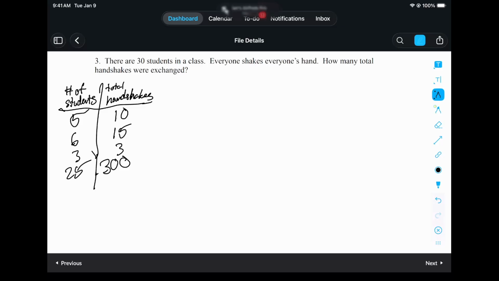I forget how to explain it, but the equation I have in my notes would be S times the quantity of S minus 1, divided by 2, equals H. S being number of students, H being number of handshakes.